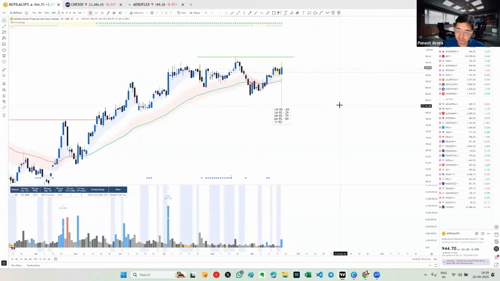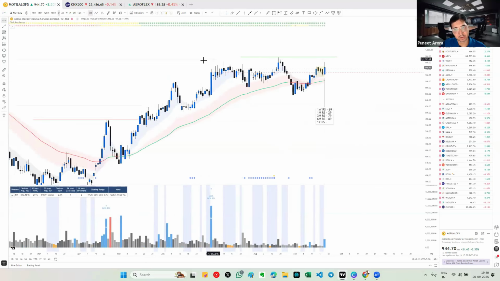And a strong RS above 60 will give you good names that have outperformed 60% of the overall market. A stock that has 79 RS means that it has done better than 79% of the other stocks during this 3 months period. It is also very close to its 52-week high. That filter is also available in the dashboard.